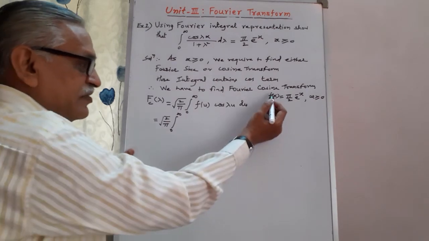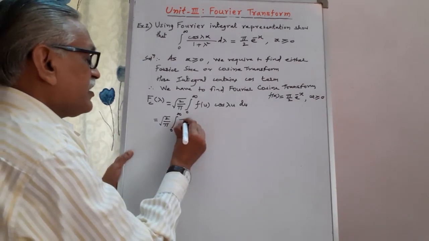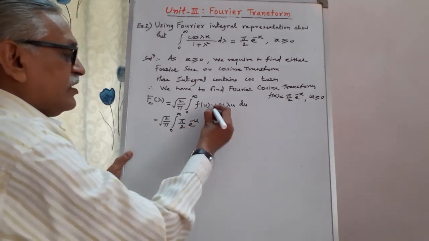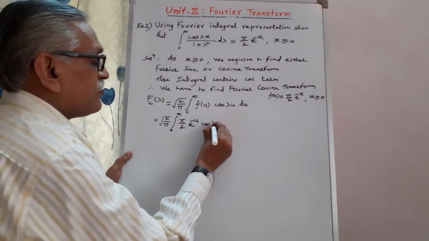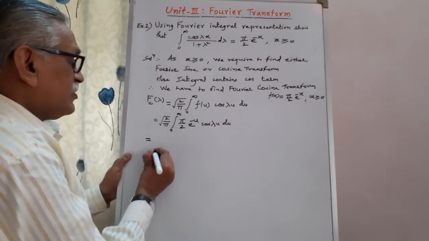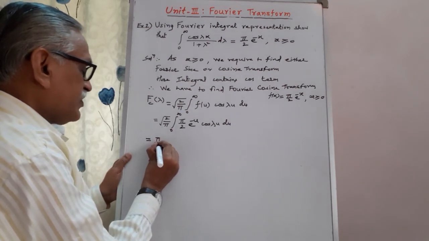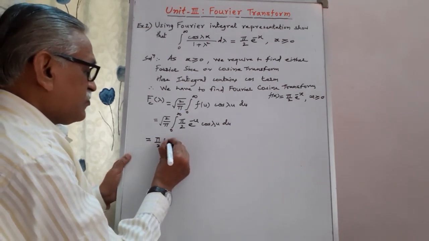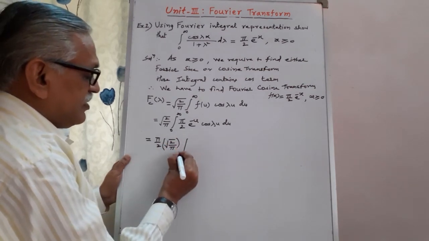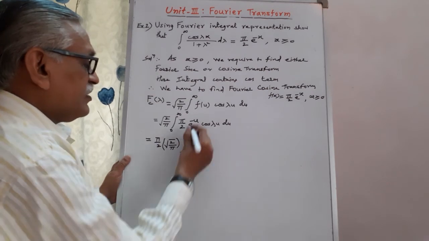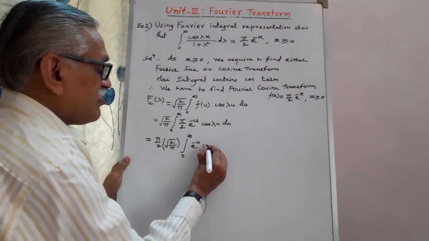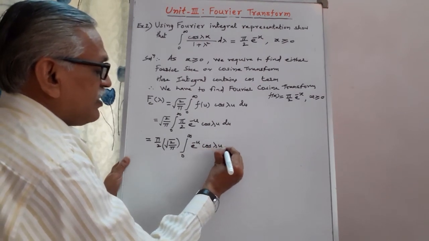Replacing x by u, we get pi by 2 e raised to minus u cos of lambda u du. Taking the constant pi by 2 outside, it is pi by 2 into root of 2 by pi integration from 0 to infinity e raised to minus u cos of lambda u du.